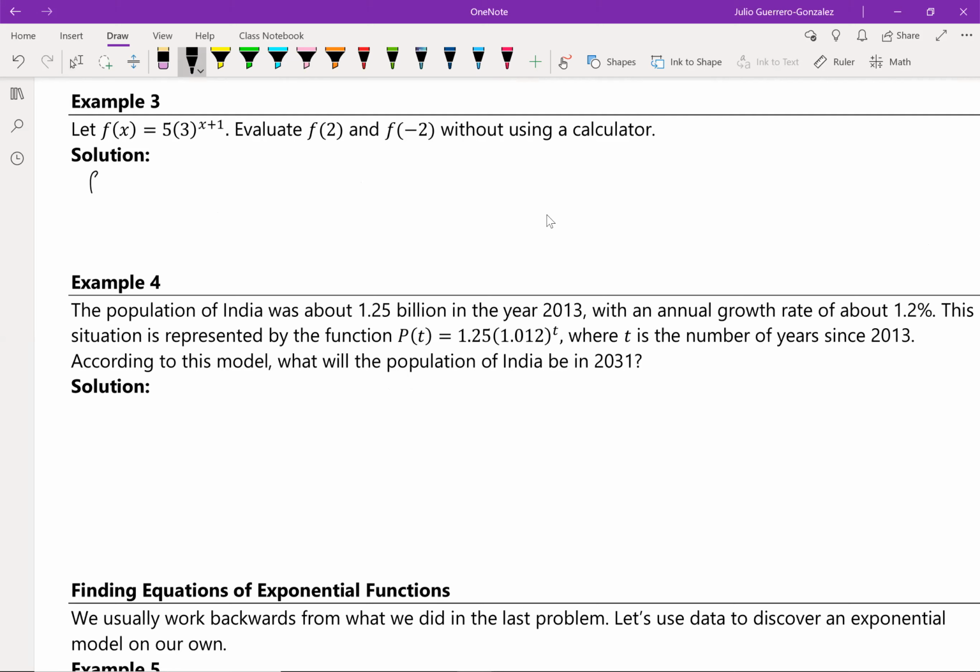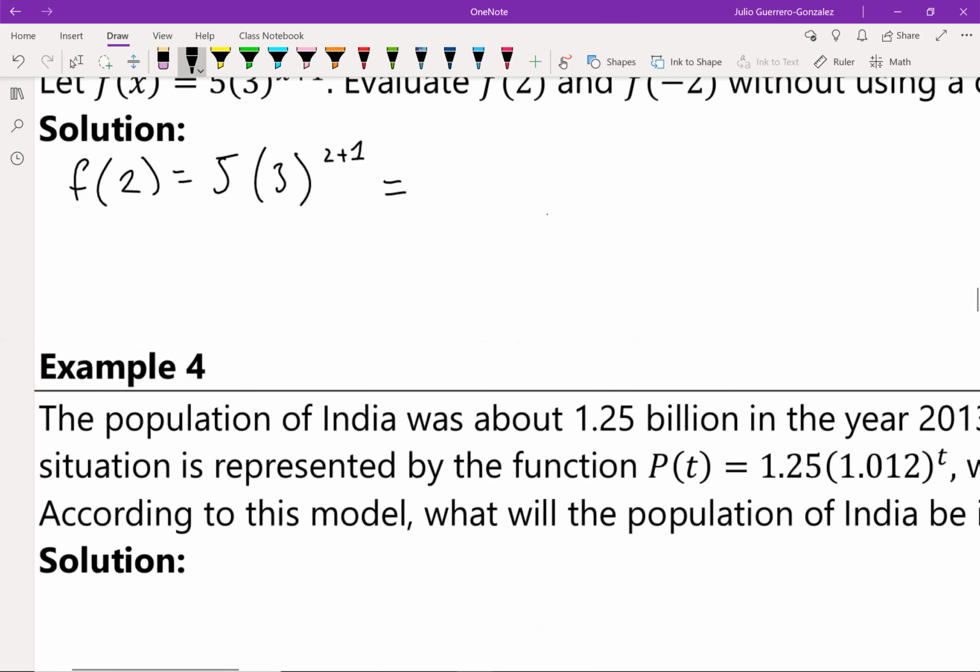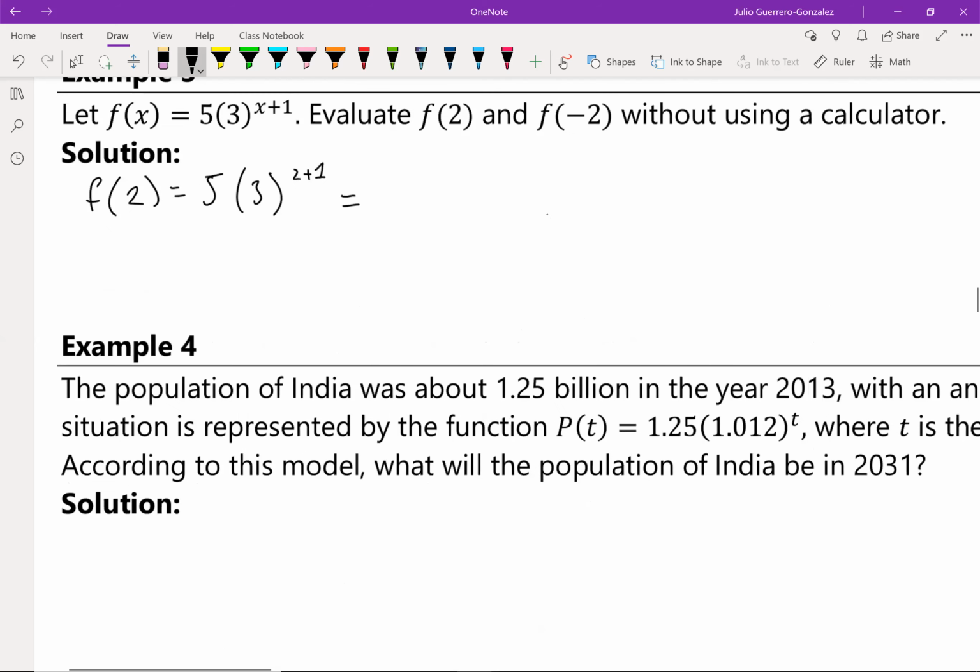Right, so f of 2. Does that make sense? Notice nothing different happened. The same stuff that we were doing before is what was happening here. You're just plugging 2 in for x.